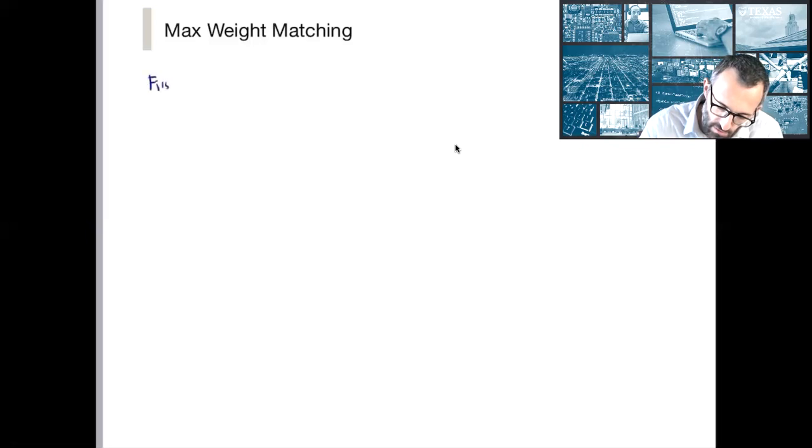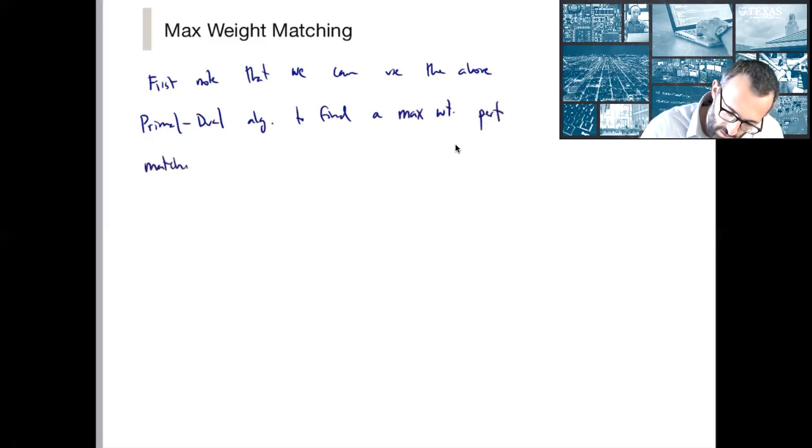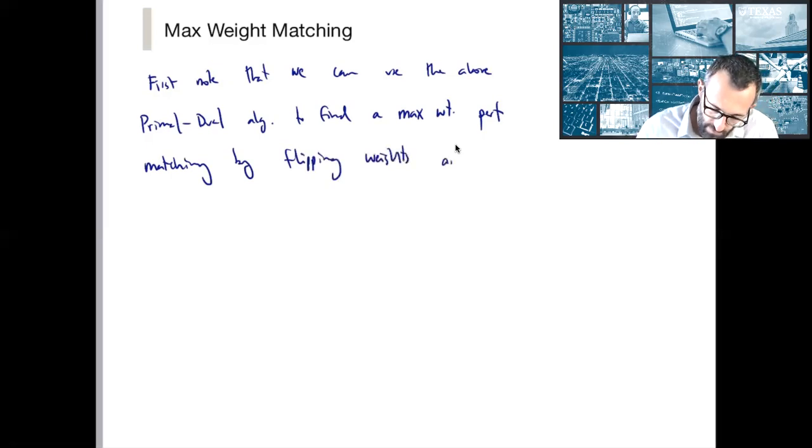First note that we can use the above primal dual algorithm to find a max weight perfect matching by flipping the weights, and then finding a min weight perfect matching.